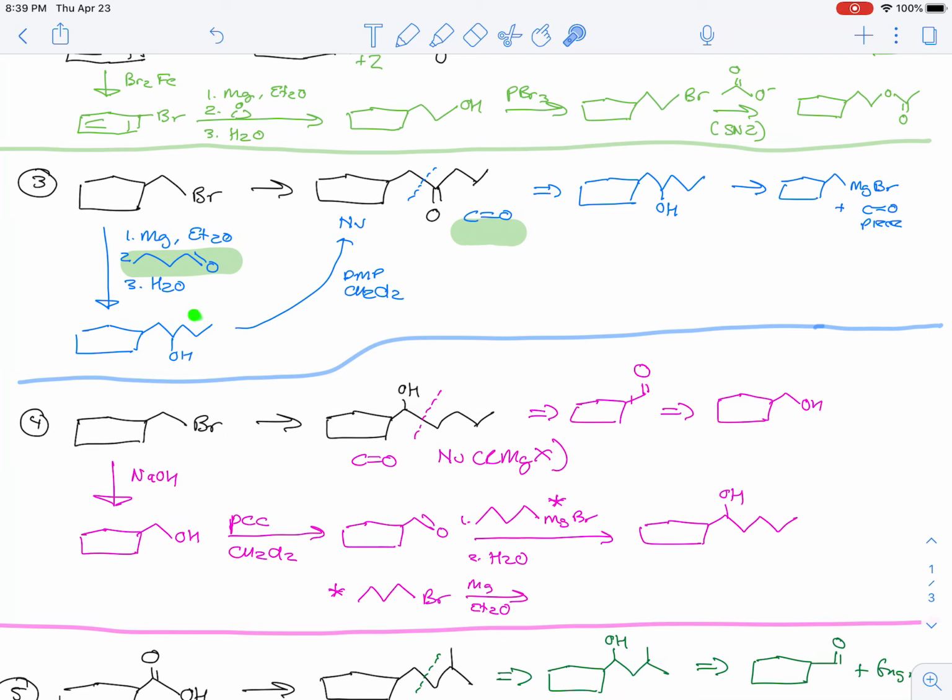And then we'll follow up with water to get that alcohol. And then you just need to oxidize this with pretty much anything to make the ketone. So remember, if you can make a secondary alcohol, you can make a ketone and vice versa. And here I kind of showed the working backwards process of that.